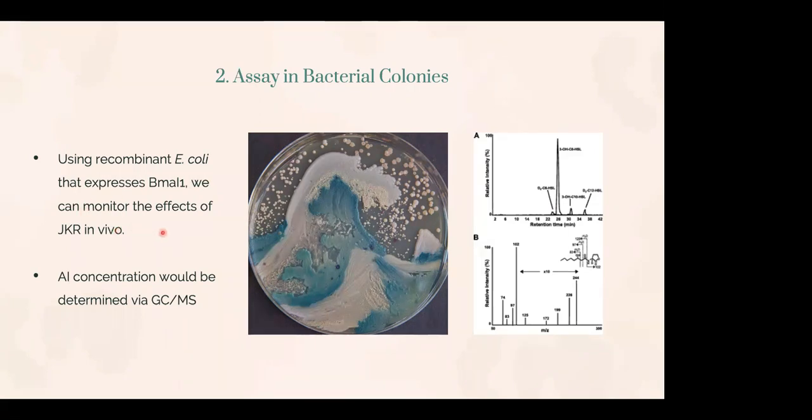The way that I think we could do that is by monitoring the concentration of autoinducer that is produced via GCMS. So titrate in various concentrations of JKR and then see how much autoinducer that bacterial colony expresses with whatever concentration of JKR.